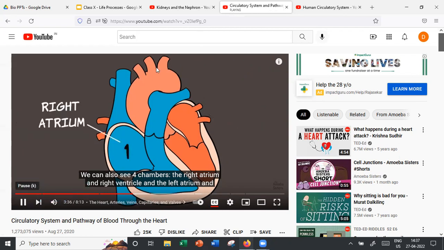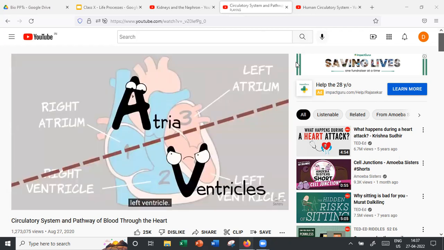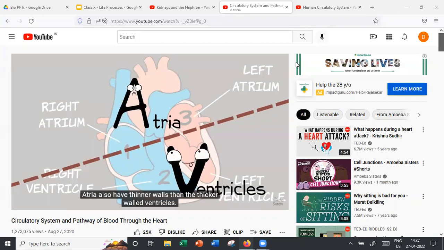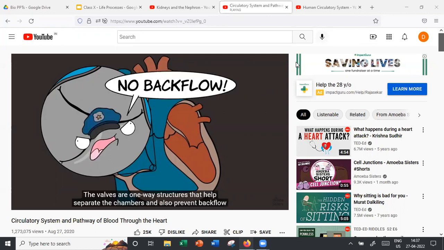Right atrium and right ventricle, and the left atrium and the left ventricle. I like to remember that A comes before V in the alphabet, so that helps me remember that A's for atria are at the top of the heart, V for ventricles are at the bottom of the heart. Atria also have thinner walls than the thicker walled ventricles. The heart also contains valves, which we'll see when we get to tracing the pathway of blood. The valves are one-way structures that help separate the chambers and also prevent backflow of blood.